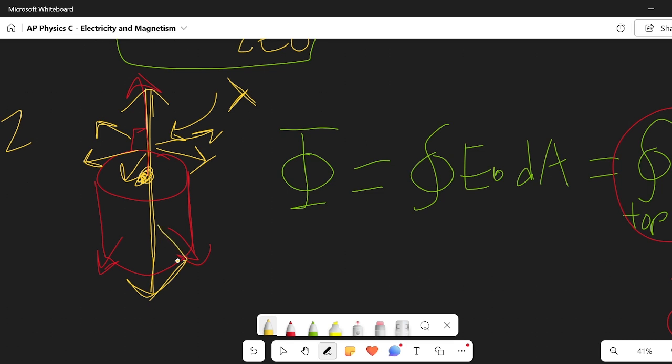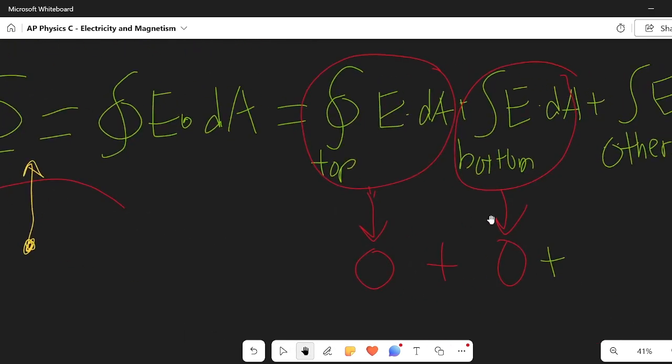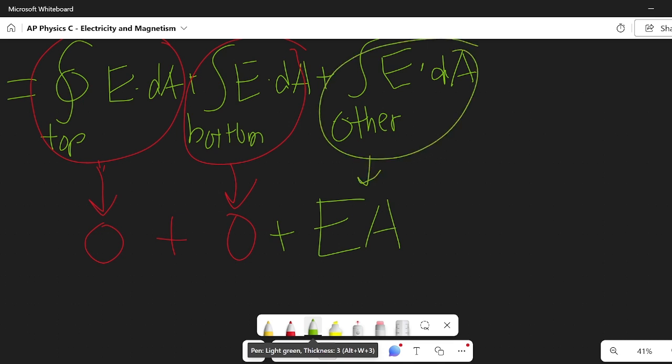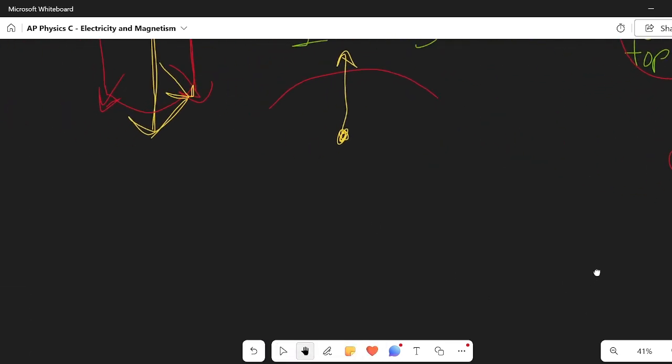Remember our sweet geometry fact: if we have a circle with a center and it sends a bullet out, it is always going to be tangent to this section right here. So it's going to perfectly pierce it, and so cosine 0 is 1. In this case, this just becomes E times A.